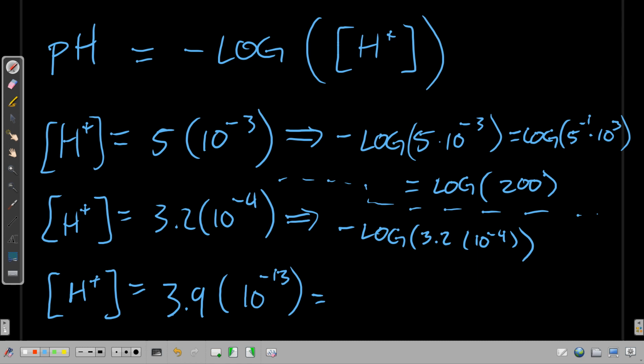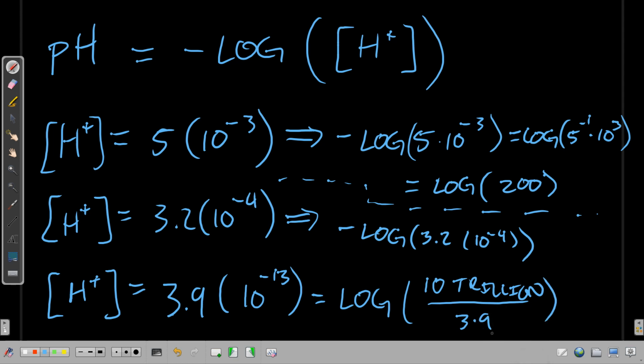A billion is 1,000 million, and a trillion is a million million, so 10 to the 13 is 10 trillion. So you could compute this as the log of 10 trillion divided by 3.9. They'll all get it done. Okay, so let's get some numbers.